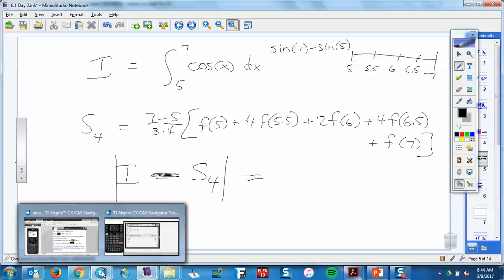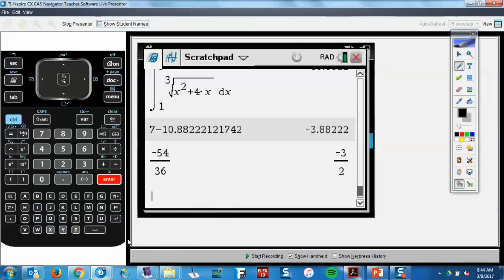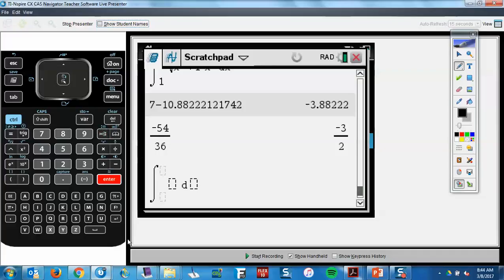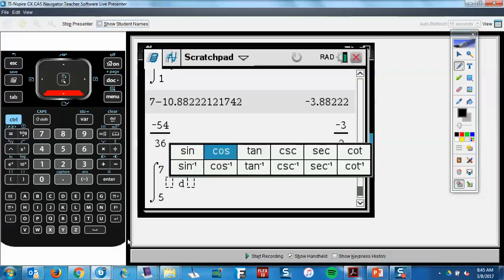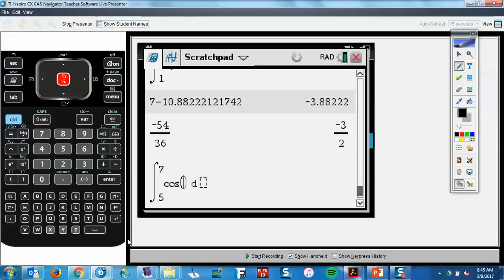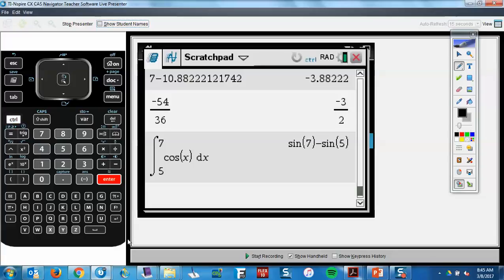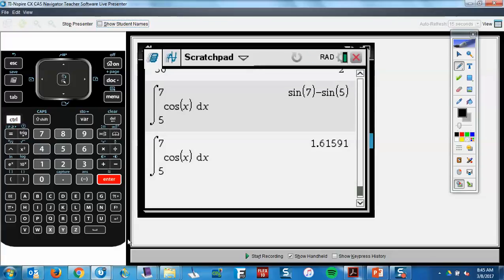Okay, Max, you're the presenter. Show us. Okay, so do the integral first. Do the integral of cosine from 5 to 7. Now I would change your settings. You're only showing 6 decimal places. You're on float 6 on that.